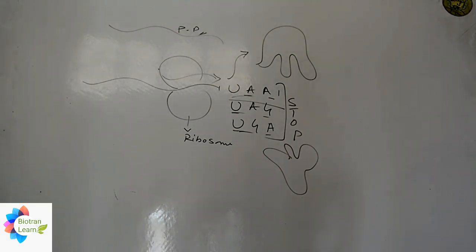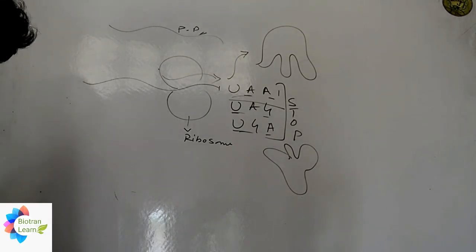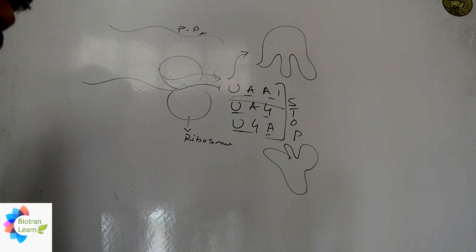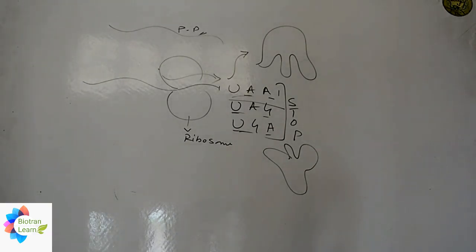So let's move on to the process of translation. Before that, we have certain examples of universal codon. So what is a universal codon? Let's see. The codon is universal. For example, from bacteria to human, we can say that UUU would produce phenylalanine. Certain exceptions are there.